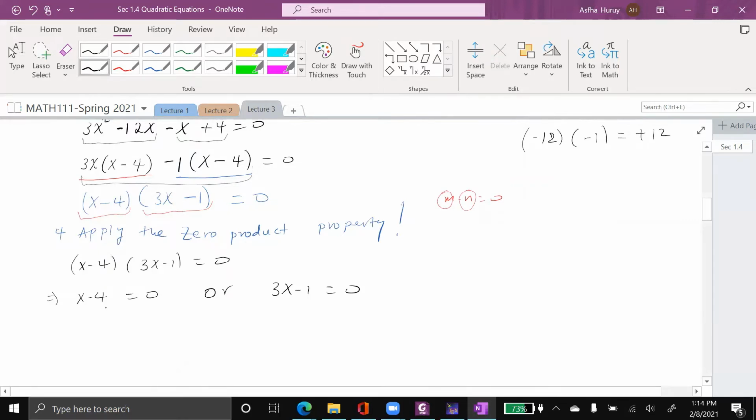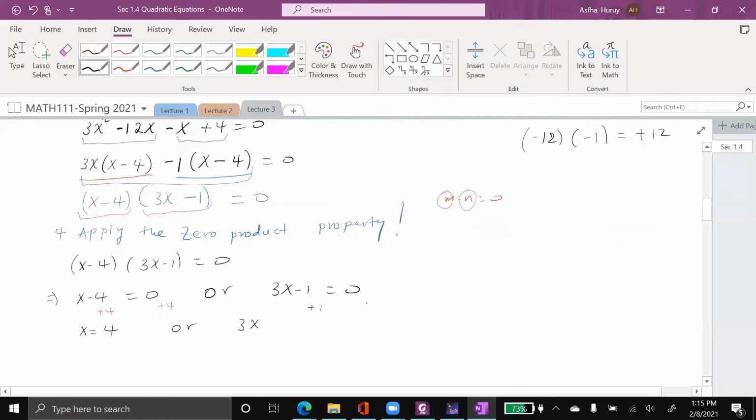So from here, we add 4 on both sides. If you get this one, you don't need to write this step. I mean, you don't have to show this one because you can just transfer it to the next line if you are comfortable with it. So this is just x is equal to 4. Or here we have 3x.